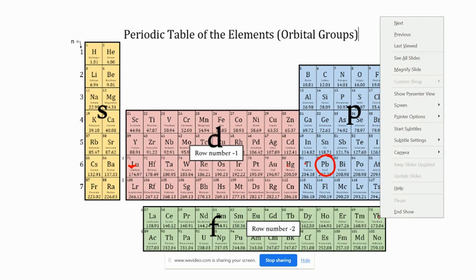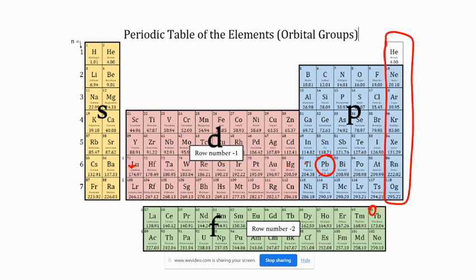Then I get to 57, 56, 55. What comes before 55? 54. We're at a noble gas. Yep. You have to go backwards to the previous noble gas.